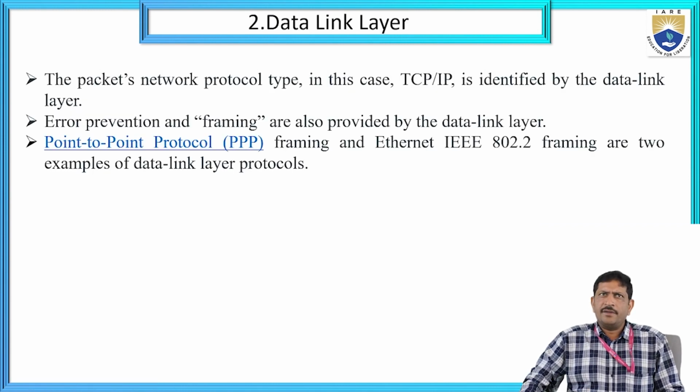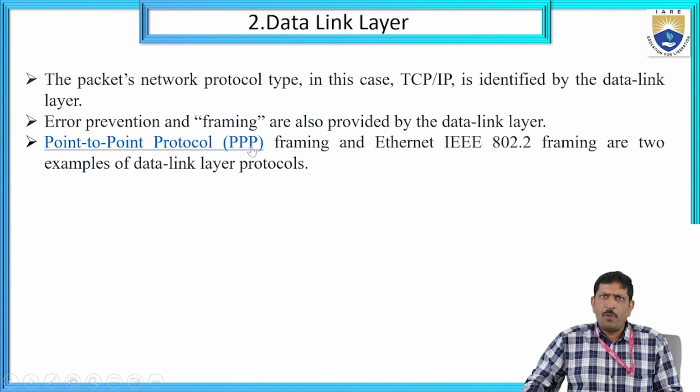Data link layer. The packet's network protocol type, in this case TCP/IP, is identified by the data link layer. Error prevention and framing are also provided by the data link layer. By using the data link layer, we can transfer the data frames from one device to another device.